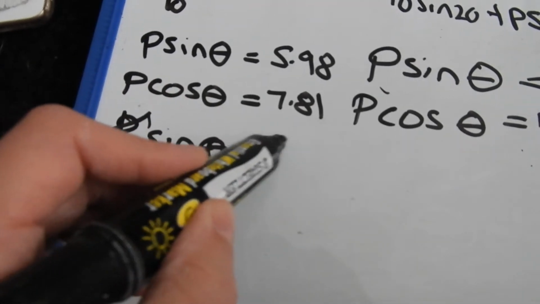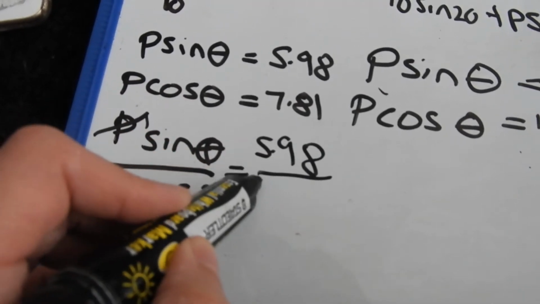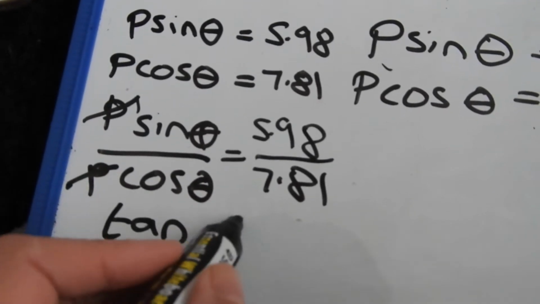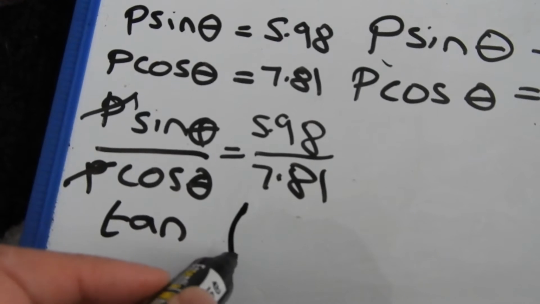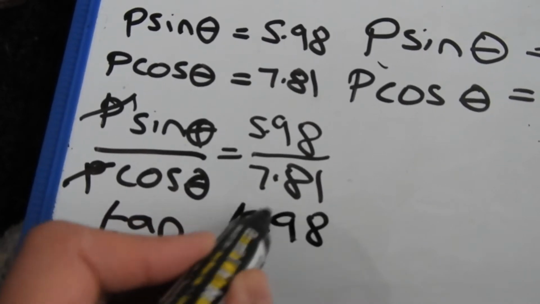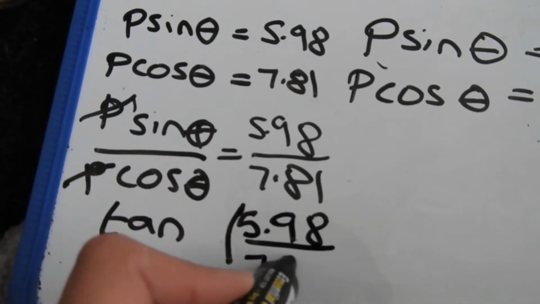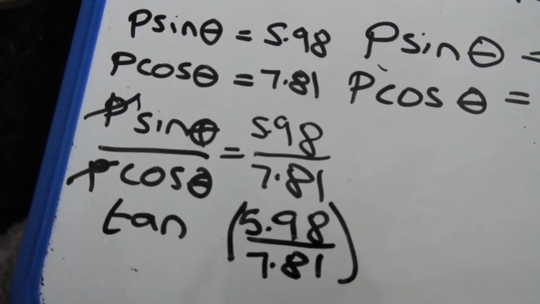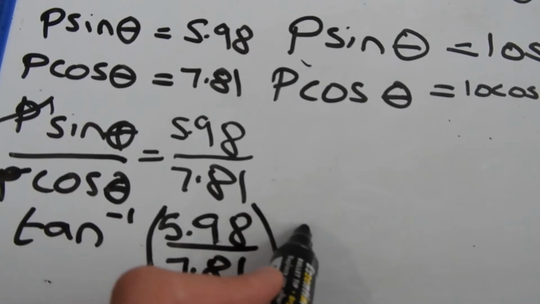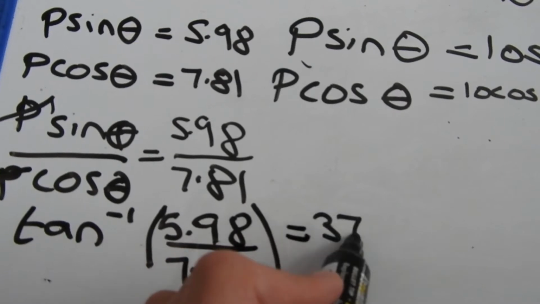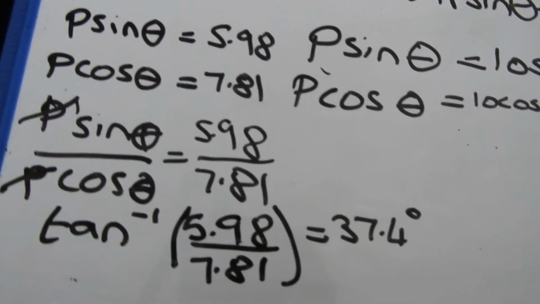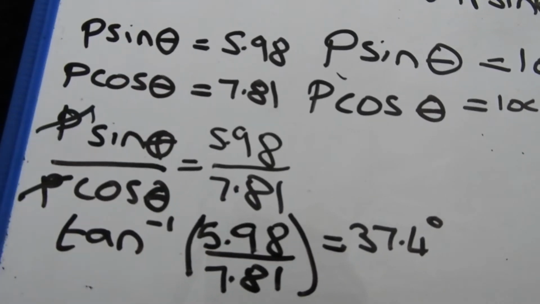So it's going to be 5.98 divided by 7.81. So you're going to type this fraction into your calculator, then press shift tan, and you'll get your angle. And your angle should be about 37.4 degrees.